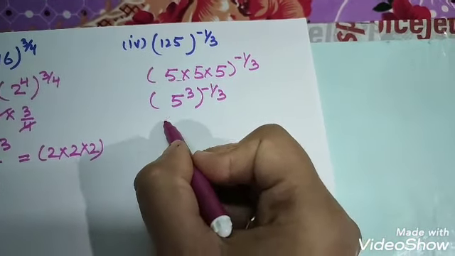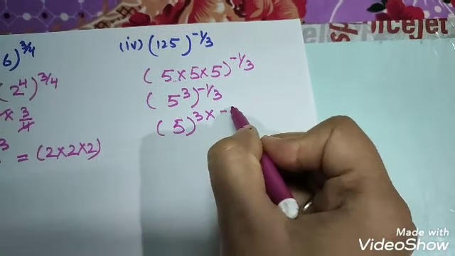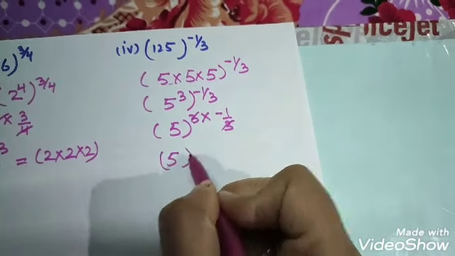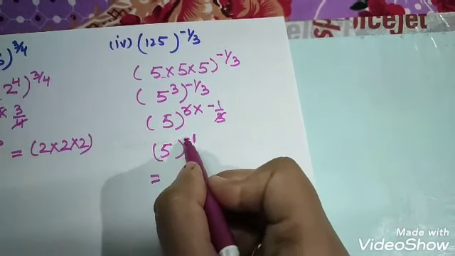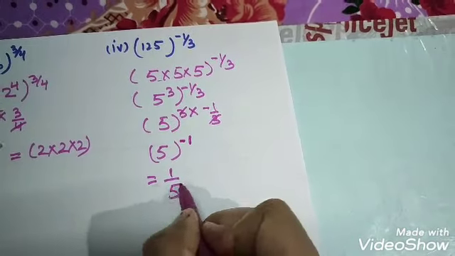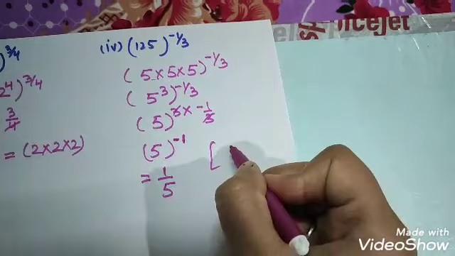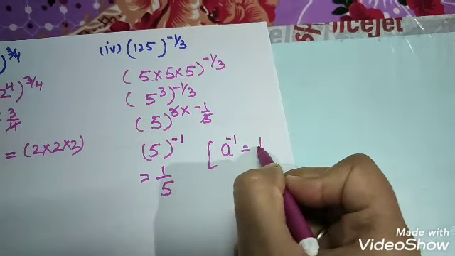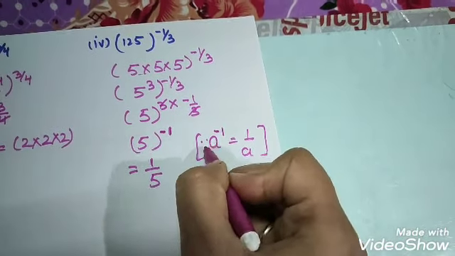Now again using the same law, it will become 5 to the power 3 multiplied by minus 1 by 3. Now 3 cancels out and it will be left with 5 to the power minus 1. And I have told you when the power is negative, it gets reciprocal, that is 1 upon 5. I have told you a to the power minus 1 always becomes 1 upon a.